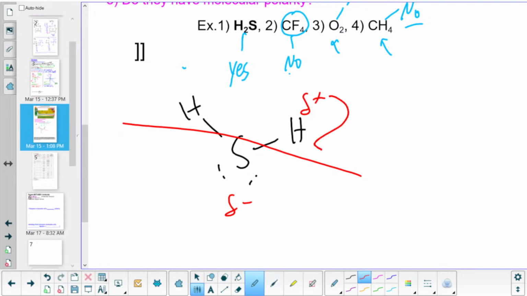This separation of charge is known as a dipole. And if it's in a whole molecule, it's a molecular dipole. You can have a dipole bond, so these are dipole bonds.